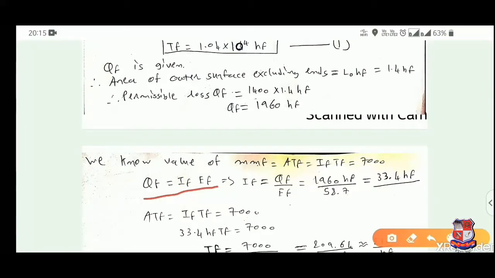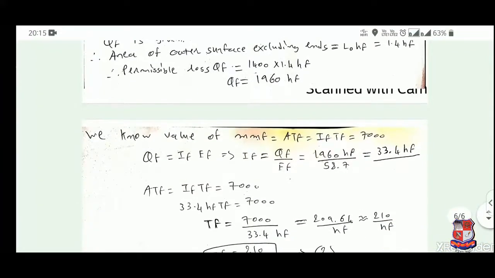So what will be the value of IF? IF will be QF upon EF. Now we know the value of EF, and we know the value of QF. What will be the new QF? 1960 into HF. So what will be our IF? 33.4 into HF.